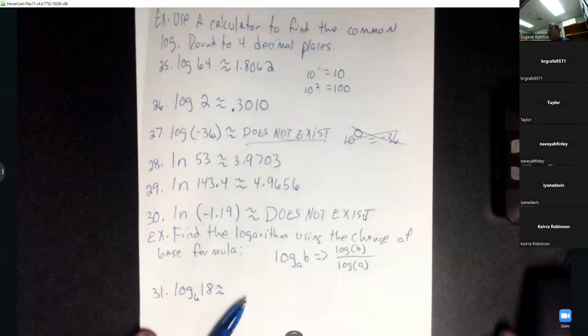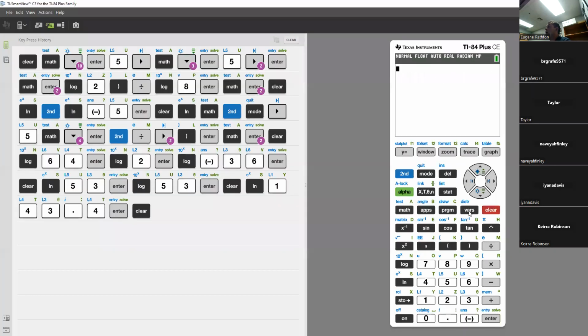If you've got the new calculator, you'll do this. So for new calculators, you would hit math, arrow down till you find the log base. Hit enter. That was a log base 6. Arrow over, put in your 18.